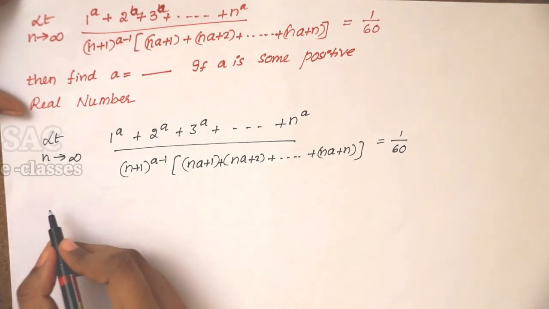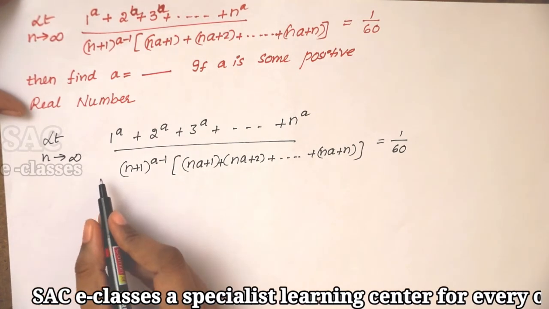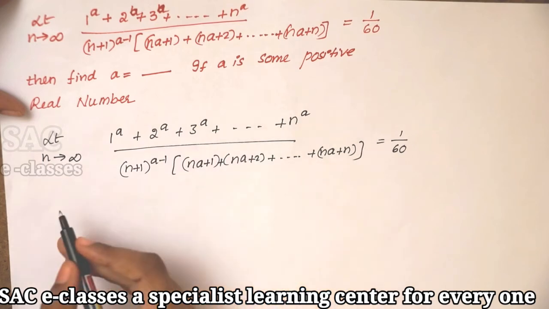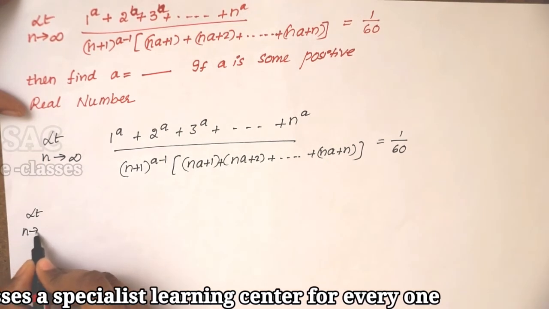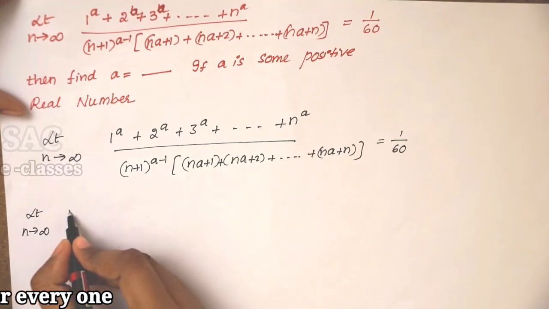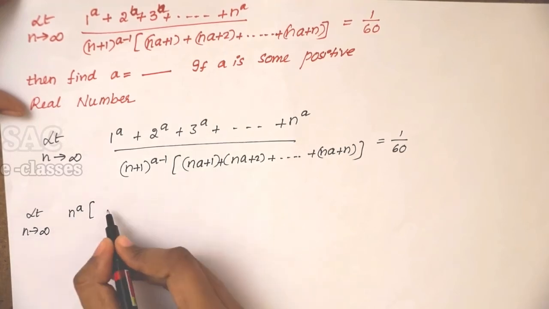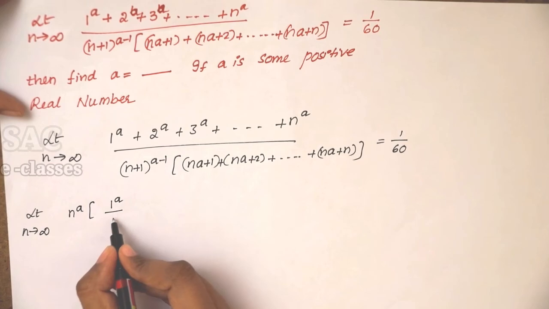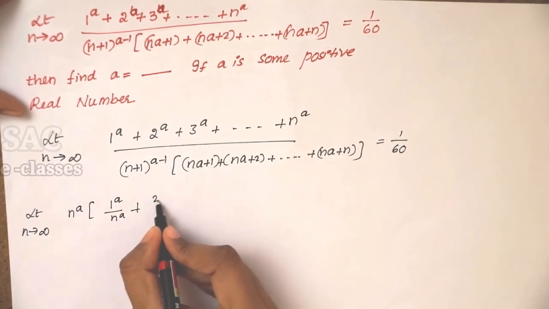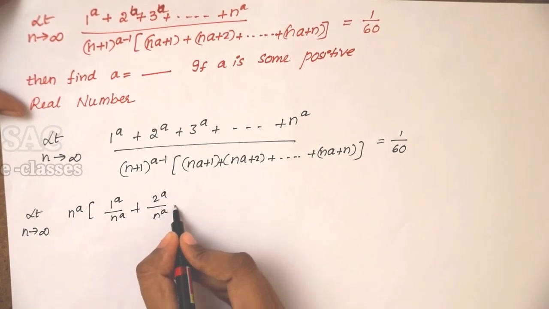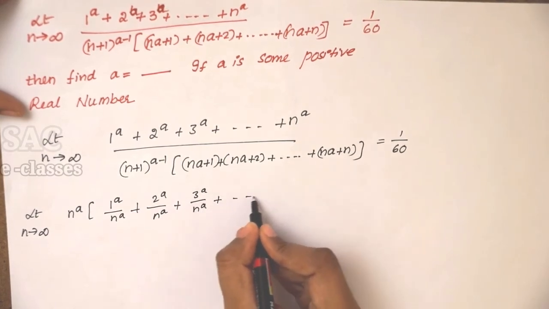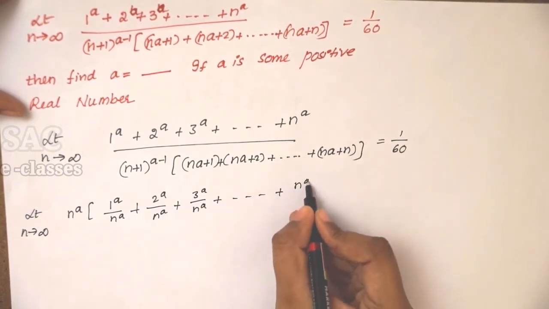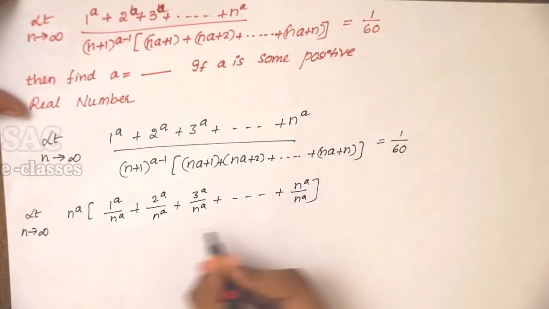For this, simply let me divide this entire one with n power a and multiply with n power a. Limit n tends to infinity, n power a into 1 power a by n power a plus 2 power a by n power a plus 3 power a by n power a and so on plus n power a by n power a.